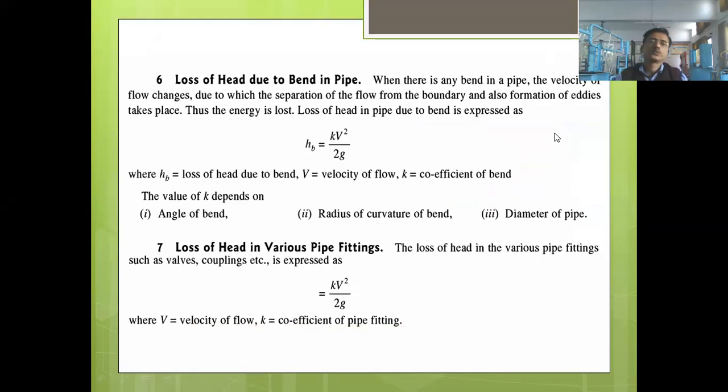Write down the formula, Hb is equal to K V square upon 2g, where K is equal to coefficient of bend, not pipe fitting.